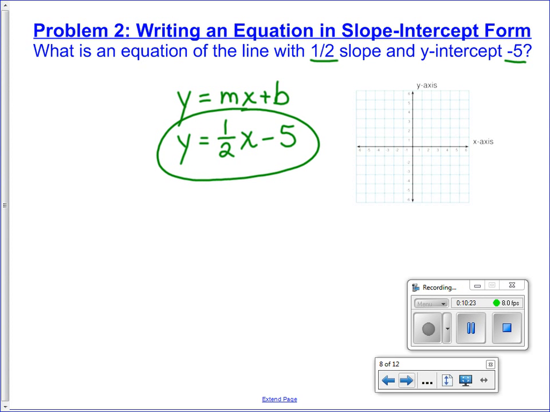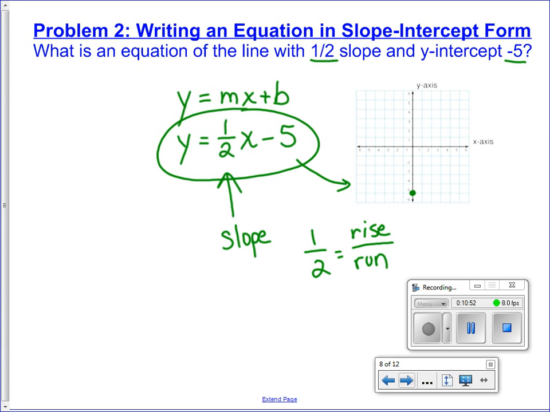Now, let's graph it. We always start at the y-intercept of -5. So on the y-axis, down here at -5 is where I'm going to start. My slope is 1/2, which means that I have a rise of 1 and a run of 2.